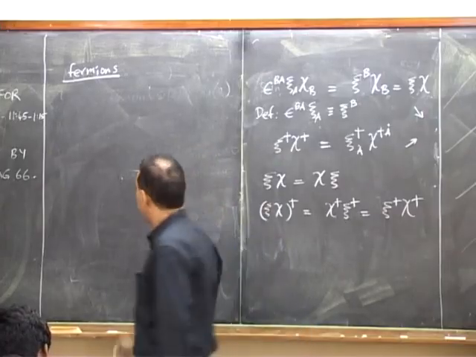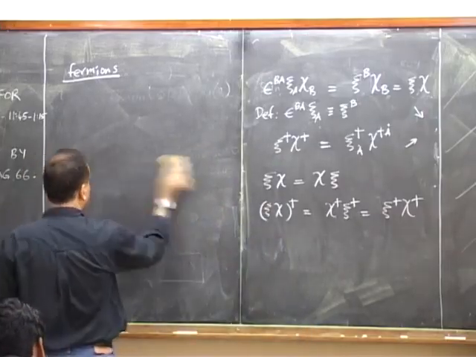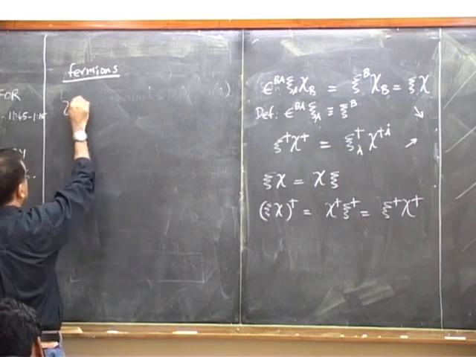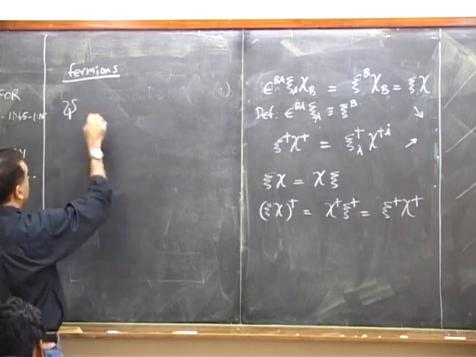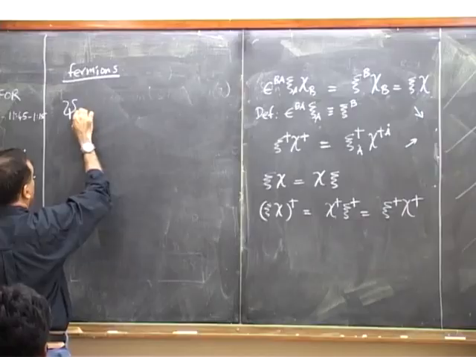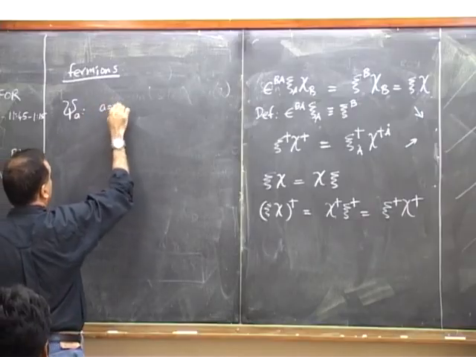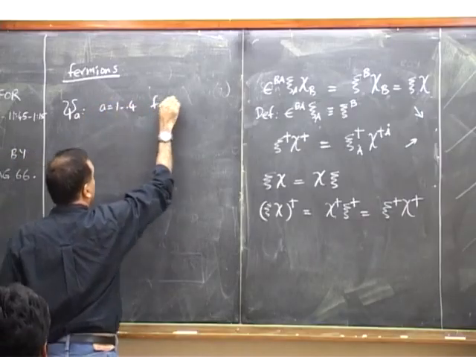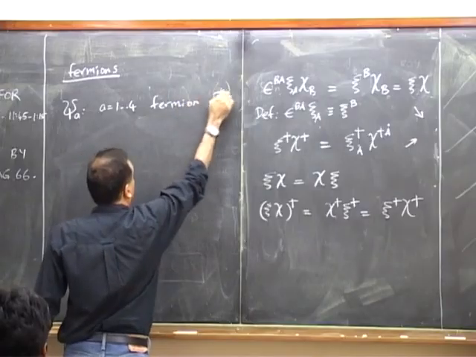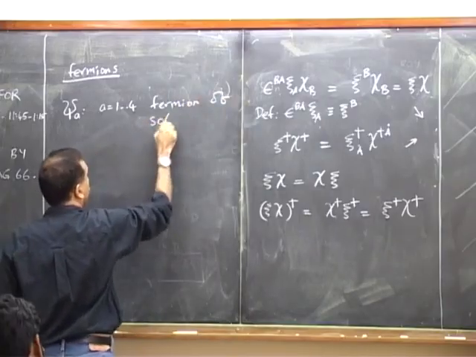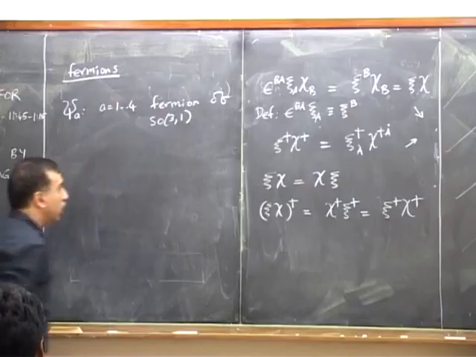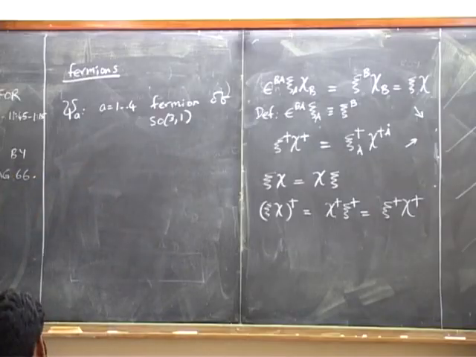Okay. Now, the more familiar perhaps 4-component fermion of SO(3,1) that is used in a lot of field theory textbooks, including Peskin and Schroeder, more or less exclusively.